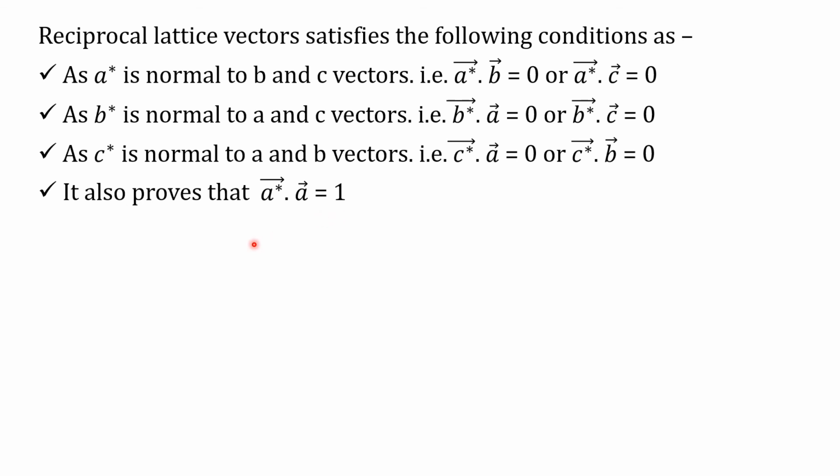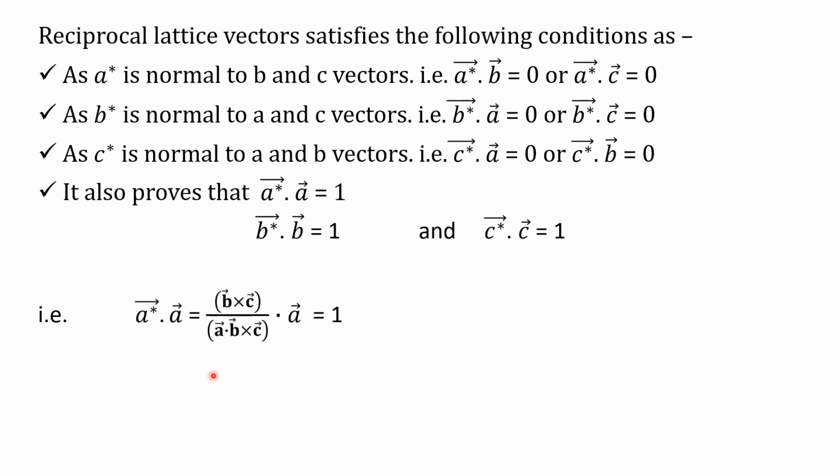Now we prove this. We substitute the reciprocal lattice vector and direct lattice vector and take the dot product of the two vectors. Vector A star, we found a relation earlier: it is B cross C divided by A dot B cross C. Similarly, we also find other conditions. As we know, vector B star dot vector B and vector C star dot vector C equal 1.